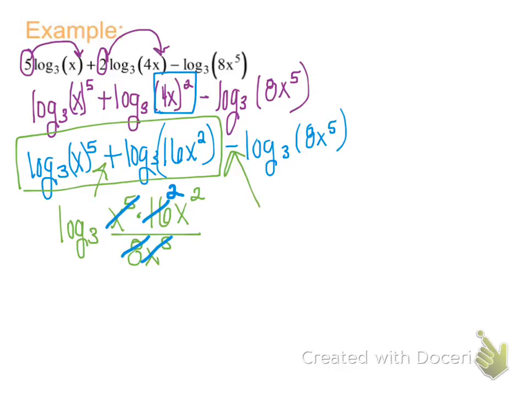So just simplifying that fraction. So you do have a simplified condensed logarithm saying log base 3 of 2x squared. And that would be your final condensed expression.